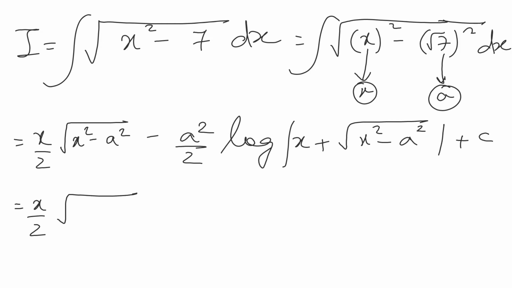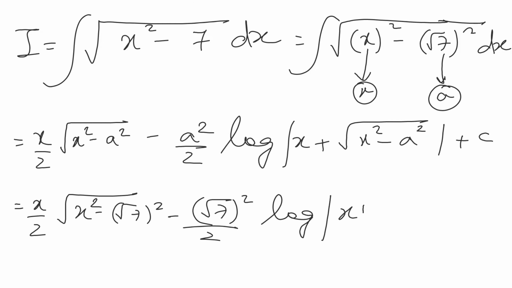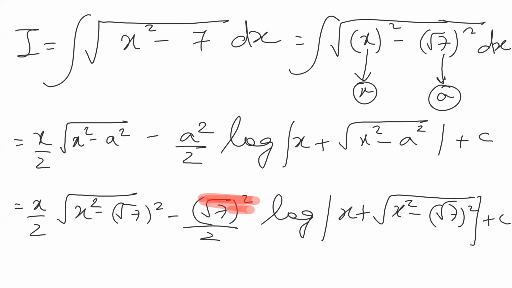So x by 2 root of x square minus root 7 the whole square minus root 7 the whole square by 2 log mod x plus root of x square minus root 7 the whole square plus c. So root 7 the whole square can be written as 7. Wherever I'm marking in red, all those terms can be written as 7. That will be the end of the problem.